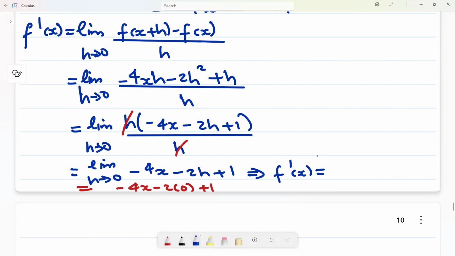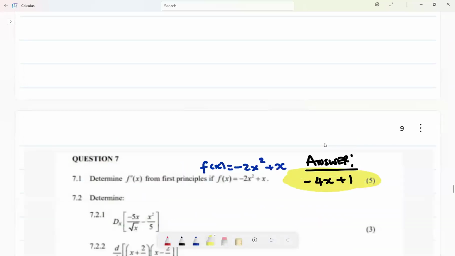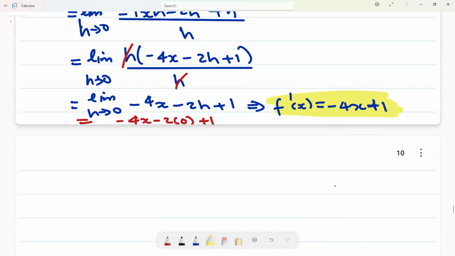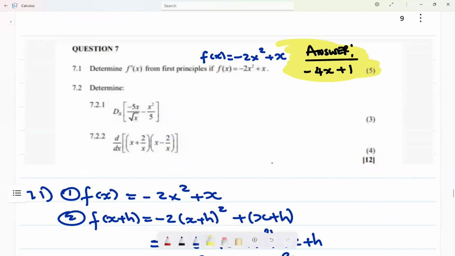The answer is f prime of x is equal to negative 4x plus 1. Okay, this is our final answer there. Now, is it true? Yes, remember I said the expected answer should be negative 4x plus 1. So we are getting the same answer there.